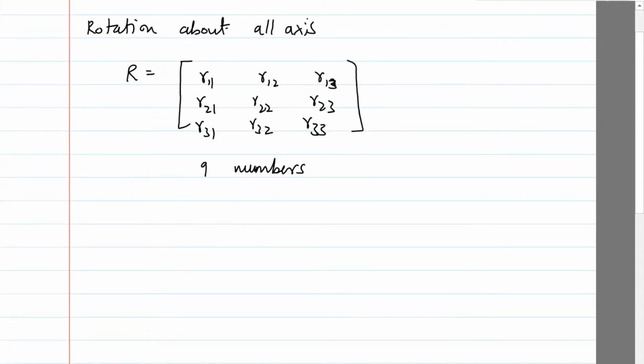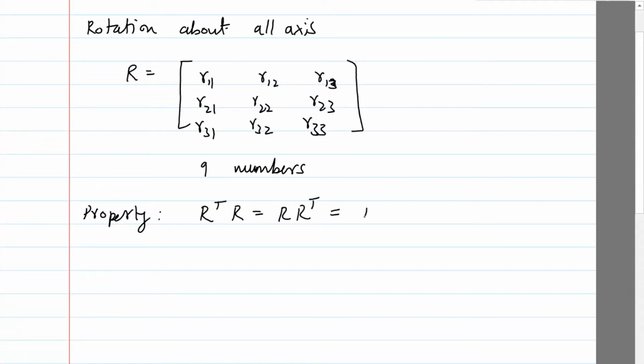Now, there is a property of the rotation matrix which helps us to reduce these numbers. This property is that the rotation matrix is always orthogonal.